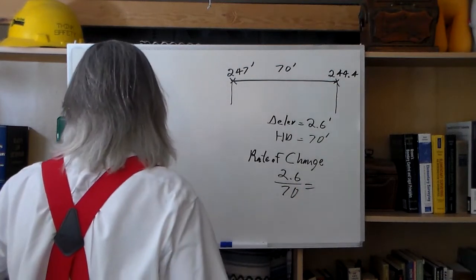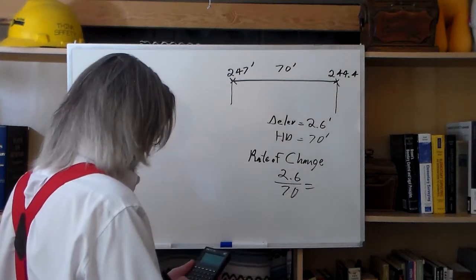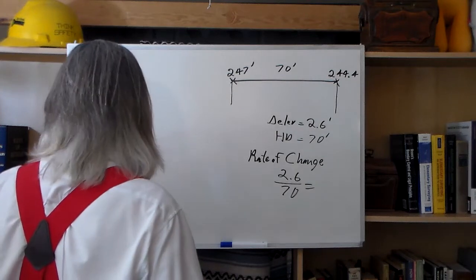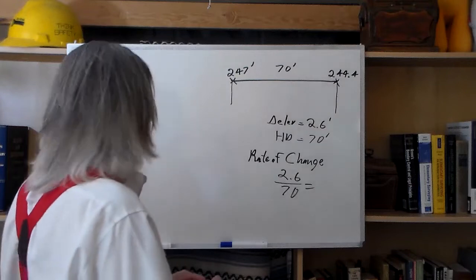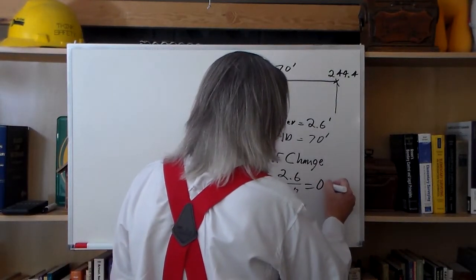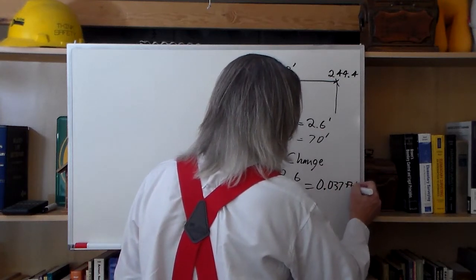Do our math right quick, fire up the calculator. I'm not going to try to do that one by hand. 2.6 divided by 70 gets you, in round numbers, 0.037 feet per foot.